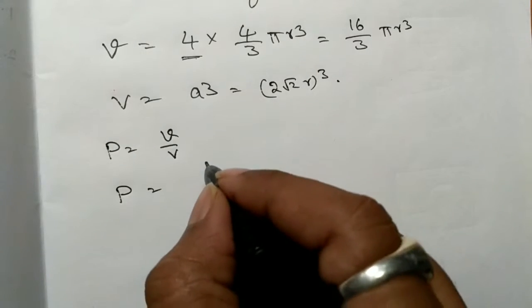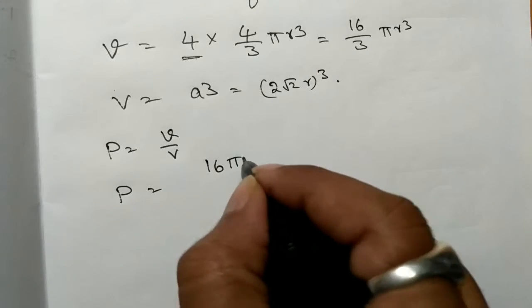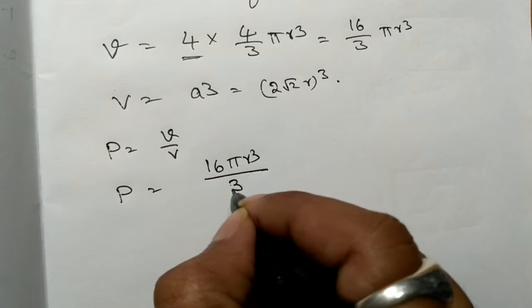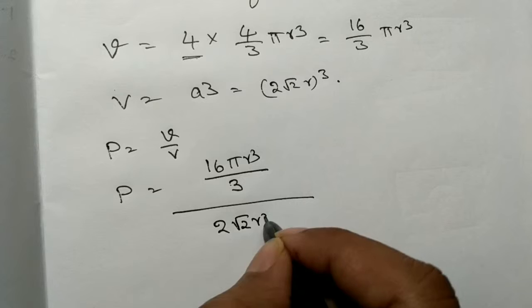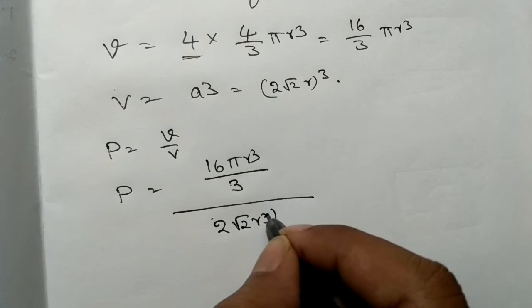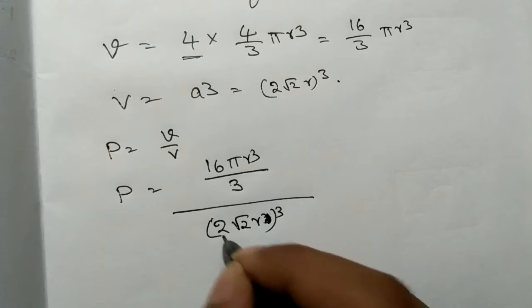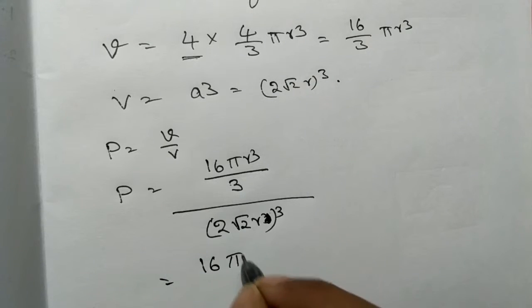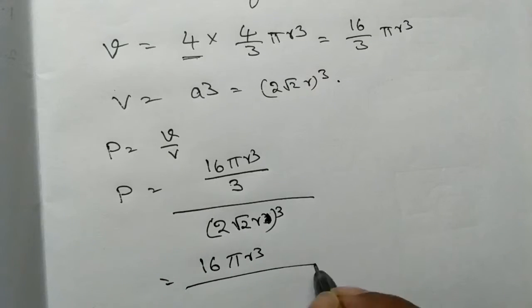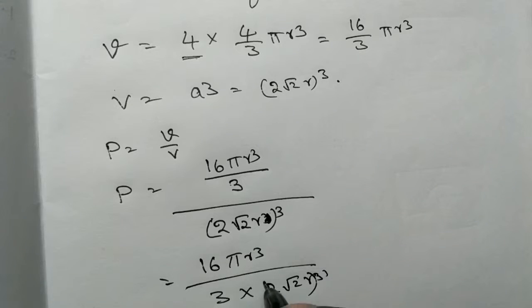P is equal to 16 pi r cube by 3 divided by 2 root 2 r whole cube.